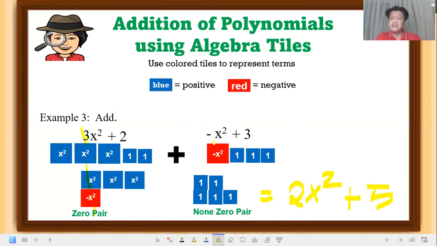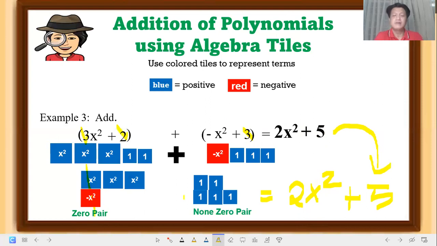But since it's negative, meaning to say 3 minus 1 ang ibig sabihin nun. And that is equal to 2. And dito naman, 2 plus 3, that is equal to 5. So, meaning to say, parehas lang yung nakuha natin. Kaya kahit hindi mo na ito gawin, titignan mo na lang kung ano ang naiwan doon sa pinartner mo doon sa ating tiles. So, okay.